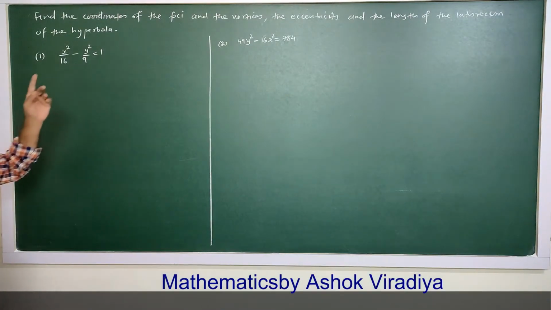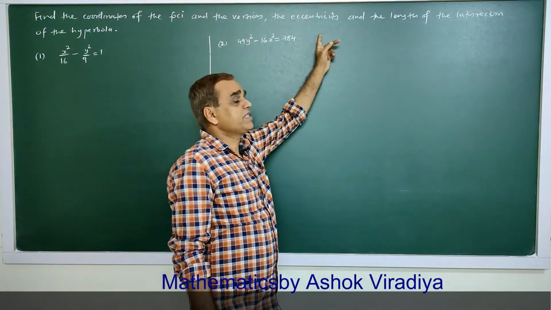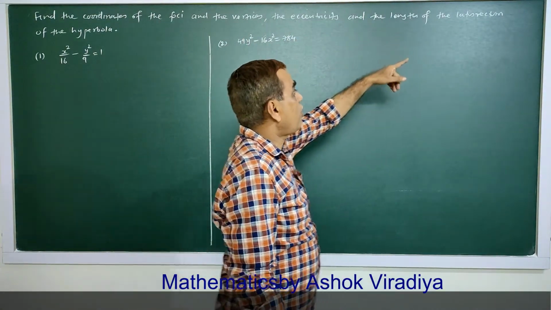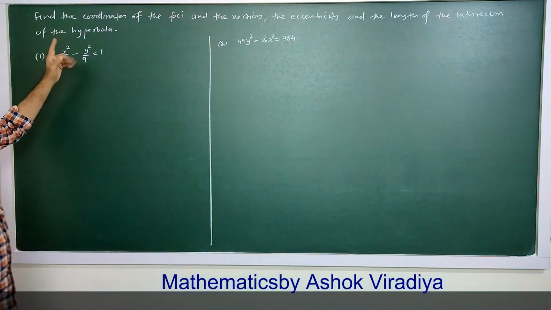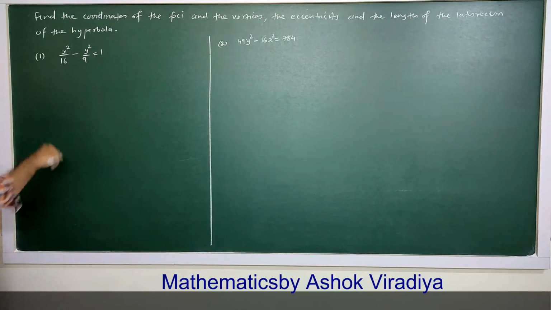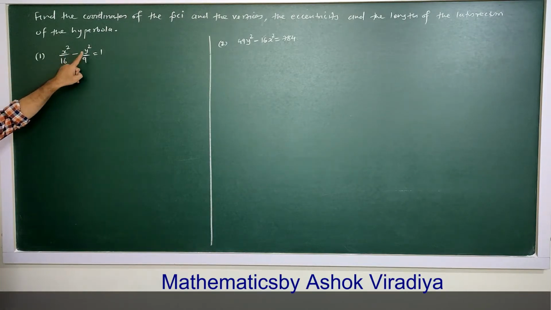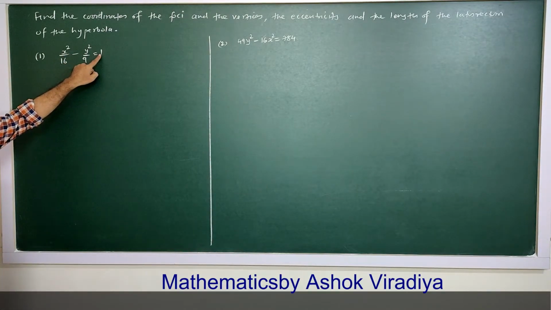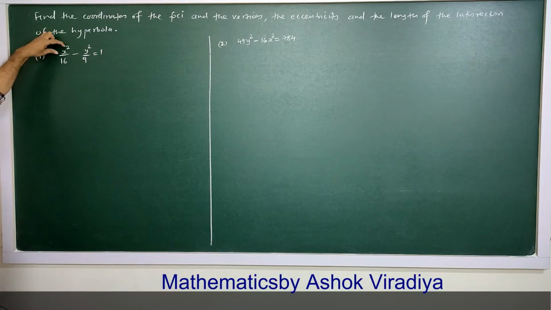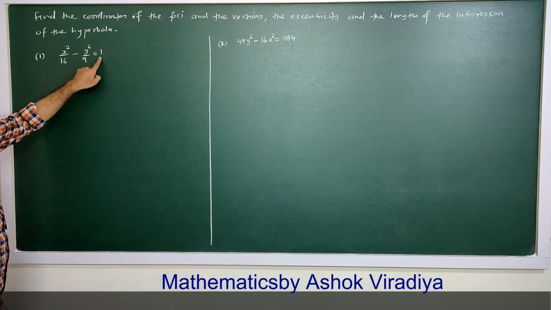Find the coordinates of the foci and the vertices, eccentricity and the length of latus rectum of the hyperbola. See here, observe this equation. X square is positive and minus sign is assigned with y square. This is 1. So it is of the form x square by a square minus y square by b square is 1.